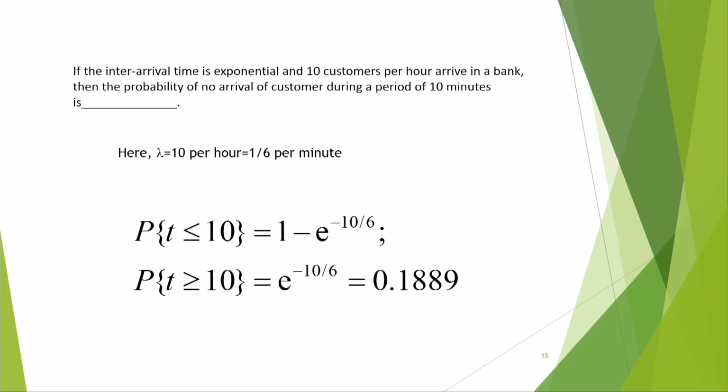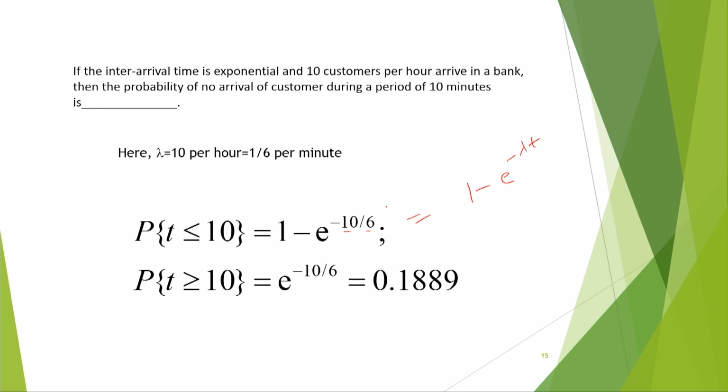Probability that t is smaller than 10 will be 1 minus e to the power minus lambda t, so time is 10 minutes and lambda is 1 by 6. So, you have to use appropriate units. Otherwise I could have kept lambda in hours only, but then time also you have to give in hours, so the same thing comes.